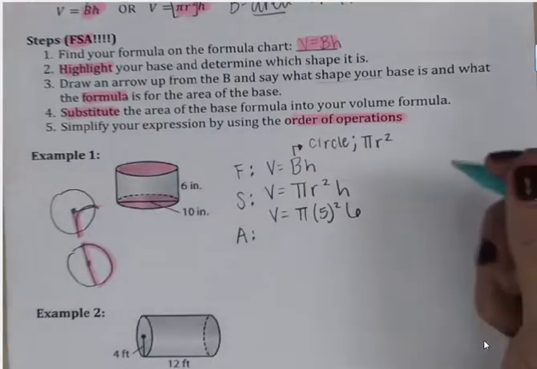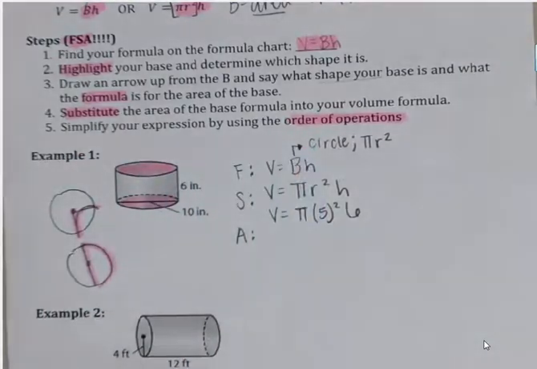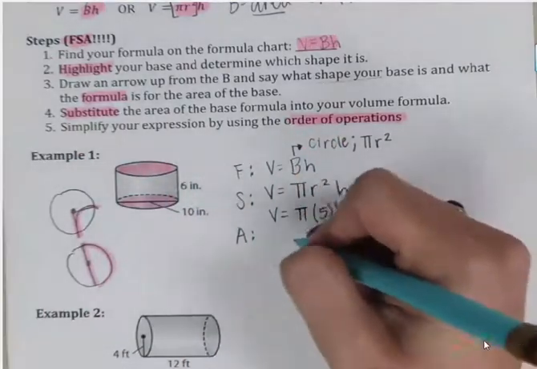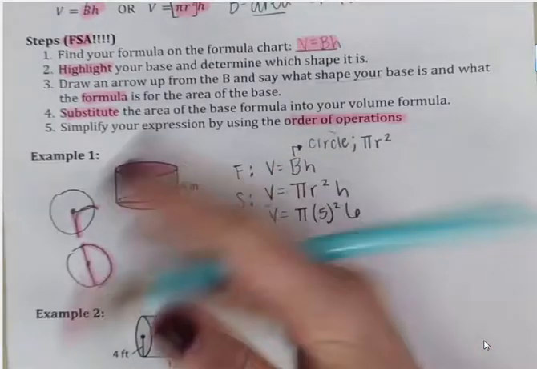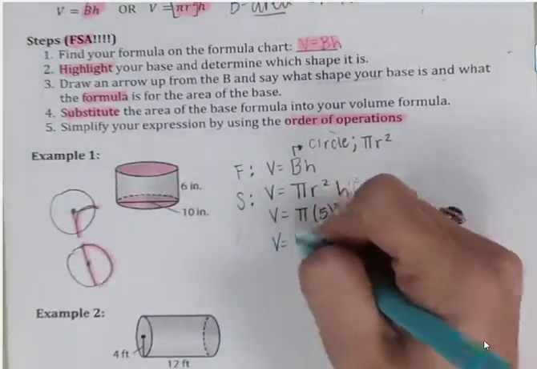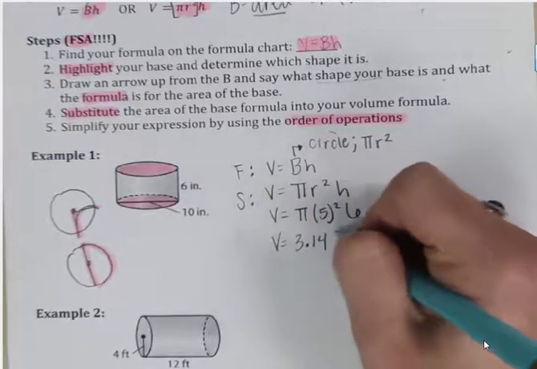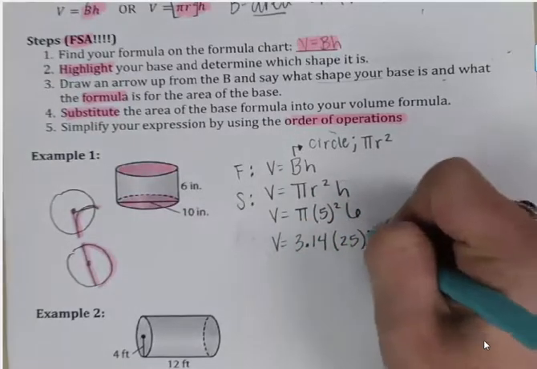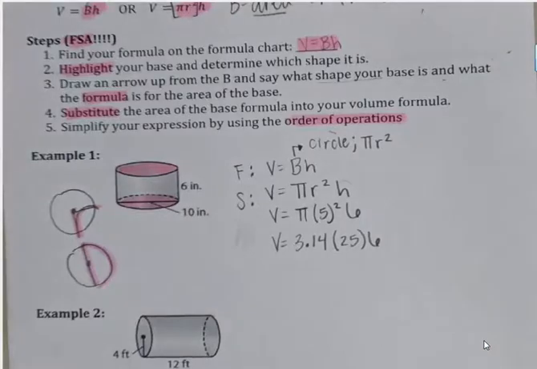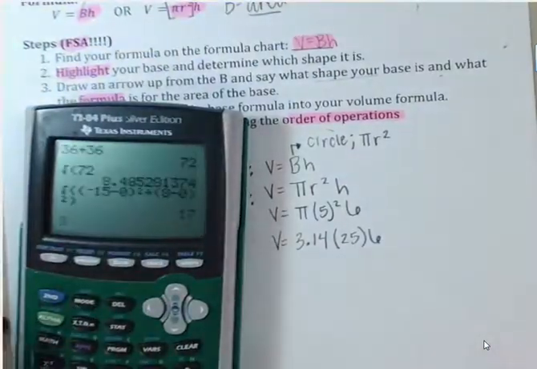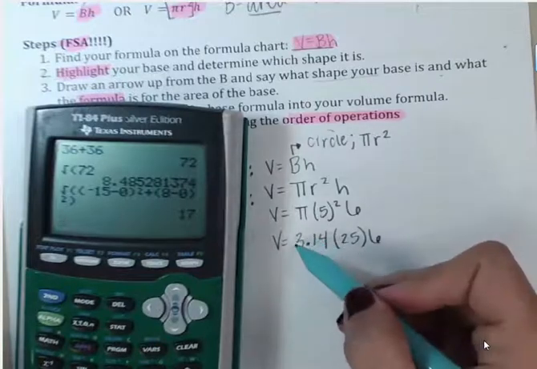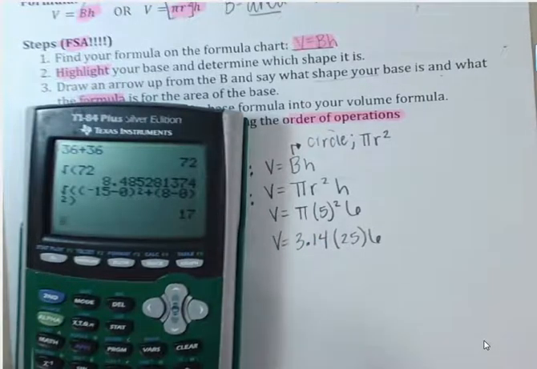Okay, even if it's not standing straight up, it's never going to have anything to do with your bases. Now it says simplify your expression by using the order of operations. So I'm going to erase this A because I don't need that A yet. B is equal to 3.14 times 25 times 6. Luckily for y'all, you have your calculators this year. So if you want to get really specific, instead of doing 3.14, do you see this little pi right here?